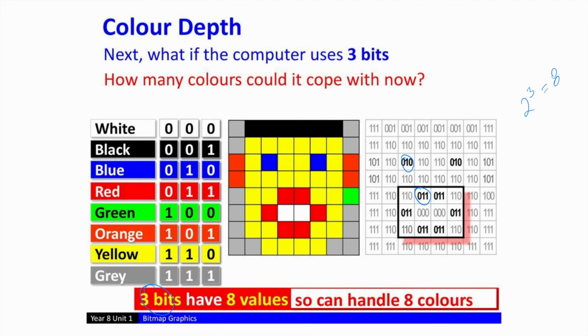We have 3 possible bits for each pixel, and that means that we have 2 to the power of 3, or 8 possible colors for each pixel, which is going to give us a lot more possibilities for representing images in general.